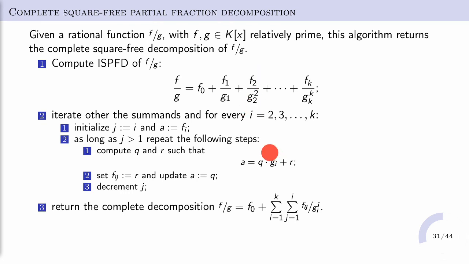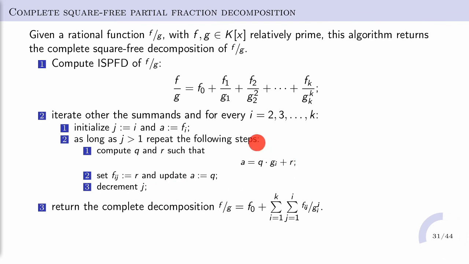So we compute the quotient and the remainder. We split out the remainder over gi to the jth power, and we update the numerator to be the quotient. This is the numerator, this is the part where we split out, and we decrease j. So we repeat this.